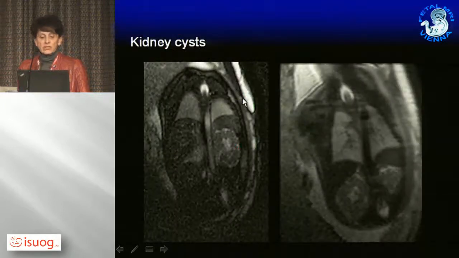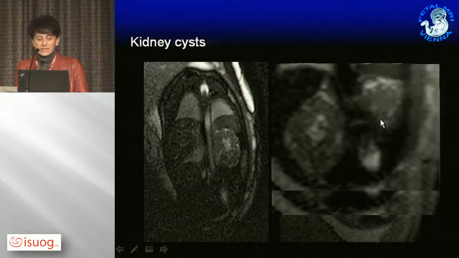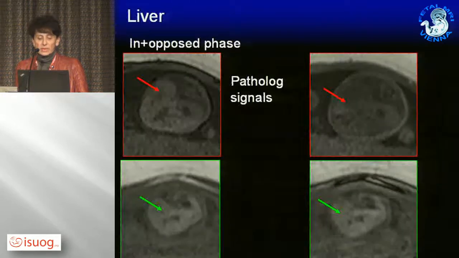When a neuroradiologist sees this, next look is at the kidney, of course. And then what we saw, it is blown up a little bit hard, we saw a lot of kidney cysts. Then we went to the liver, also very normal for a neuroradiologist, don't you think so?